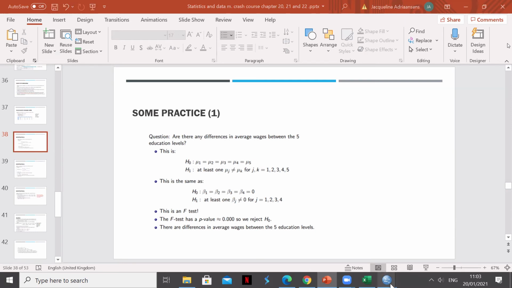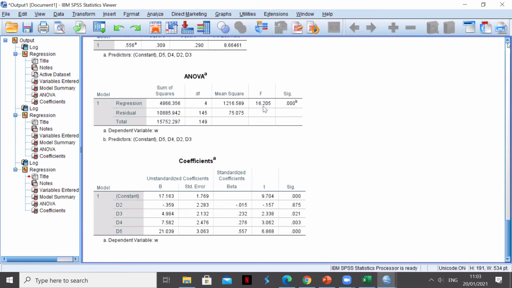If we go to our output, we see that our F is very big, right? It's 16, that's big. And the significance level is 0. Of course, if it's asked for an official hypothesis test, you have to write down all the steps. But I won't now, because we've done it so often already. Of course, the significance level is very small.